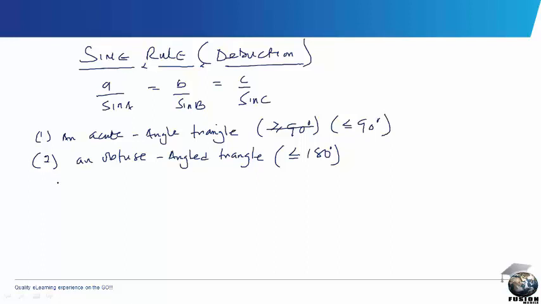Alright, and number 3, we need a right angled triangle.